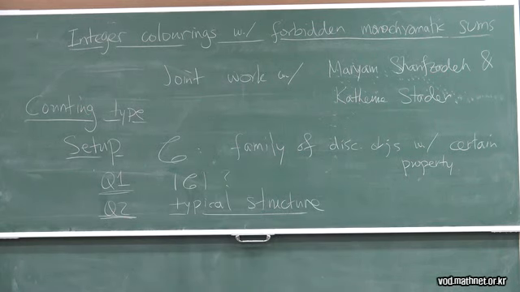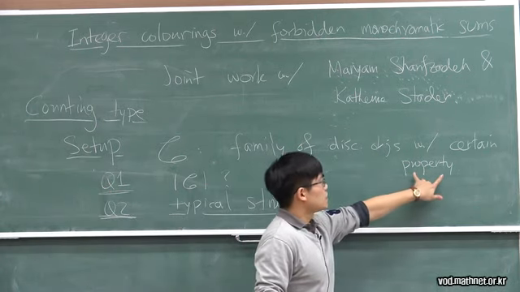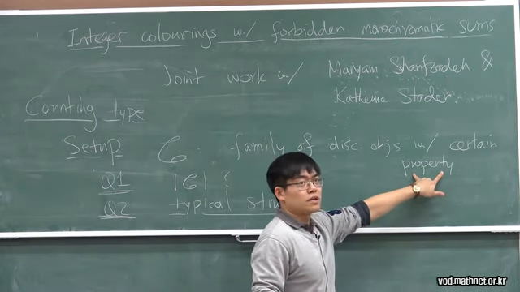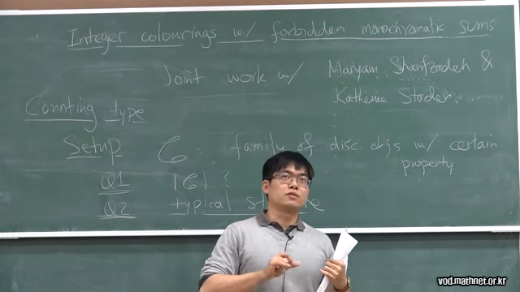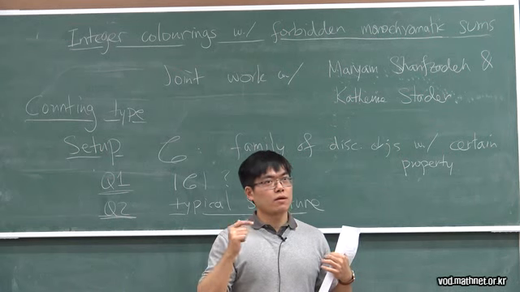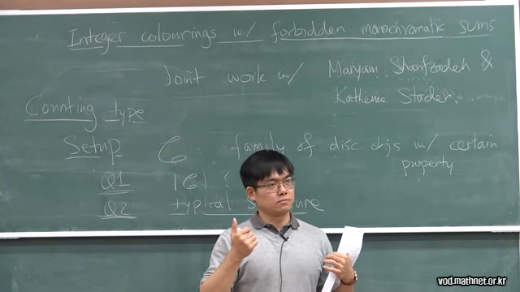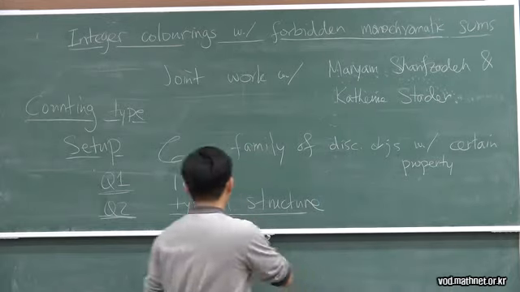So what do I mean by typical? Basically we know the objects in this family have some property. Now we want to use another concise way to describe most of the objects in this family. I'll give you an example.